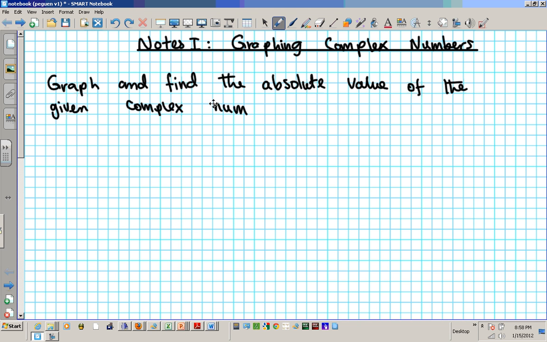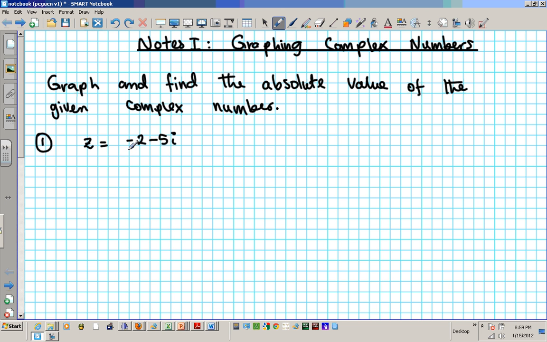And the number we're dealing with here, example 1, is z equals -2 minus 5i. The standard way of writing complex numbers is z equals some number. So we're going to attempt to graph this, and then we'll find the absolute value.